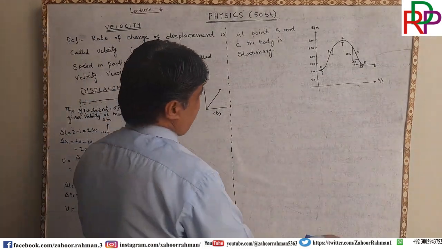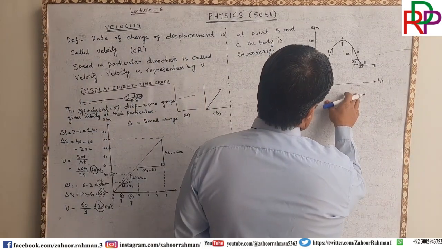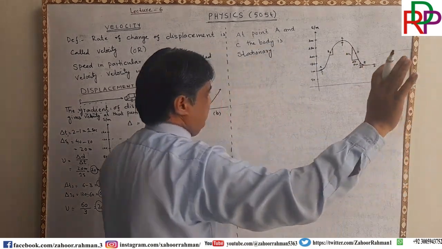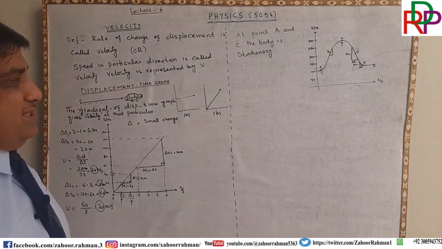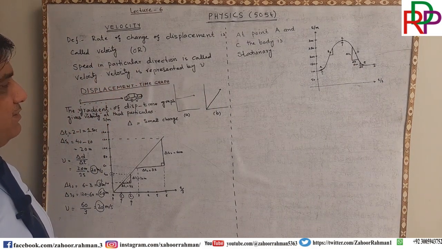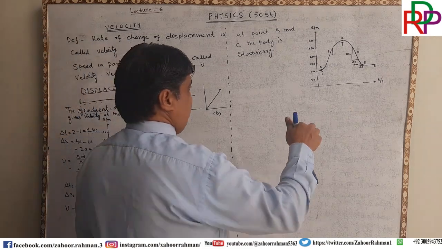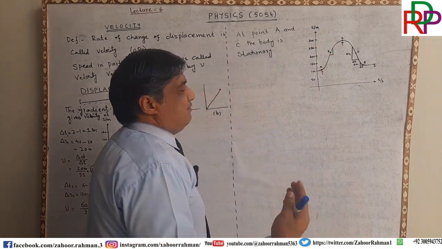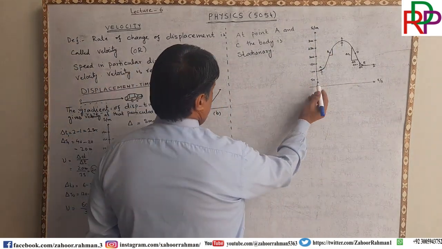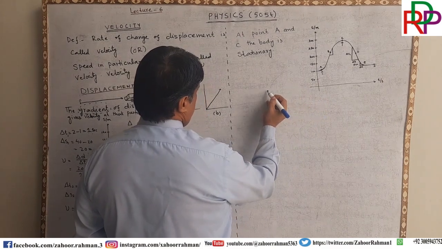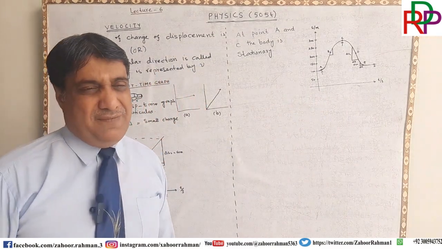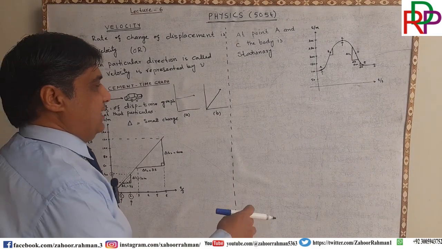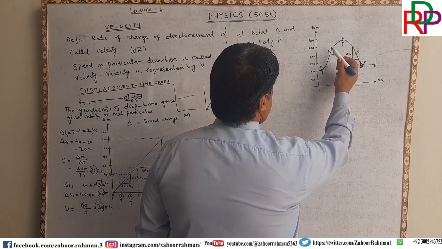But one thing you must keep in mind is that in this case it is also moving in a positive direction, because this axis, this quadrant, represents positive. Now if it is moving in this quadrant, then we will observe negative. But for the time being, we are taking a simple case and we are saying that this body is moving in a positive direction.